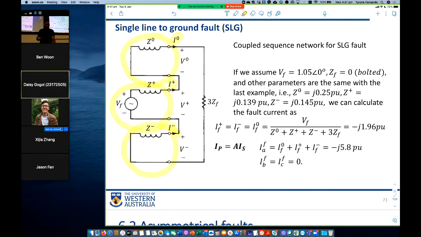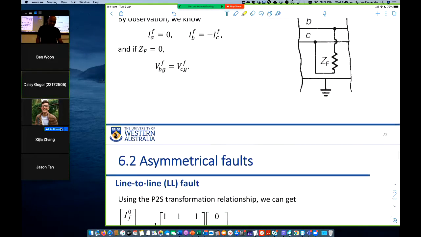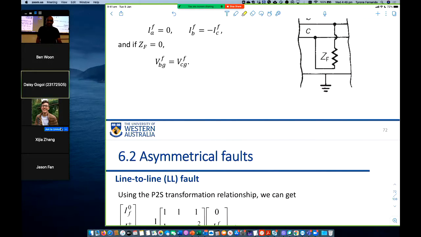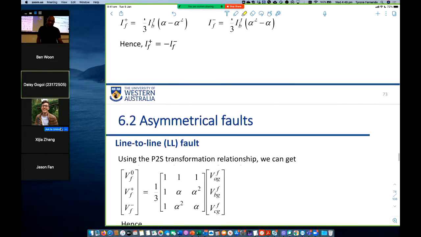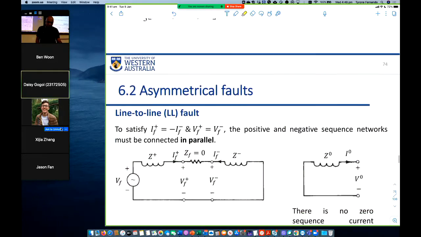So that's how you connect the three separate circuits for single line to ground fault calculations. I will talk about that in detail in the next lecture, but I'm just telling you, once you've got the three circuits, it's how you connect them. How you connect them depends on the type of fault. So you connect in series if it's a single line to ground fault.